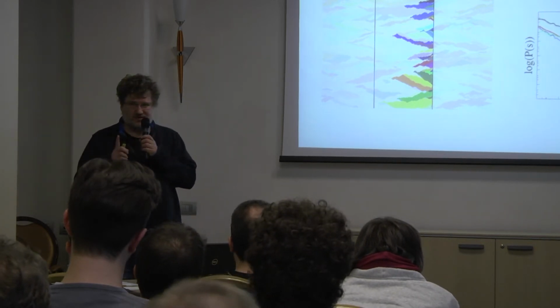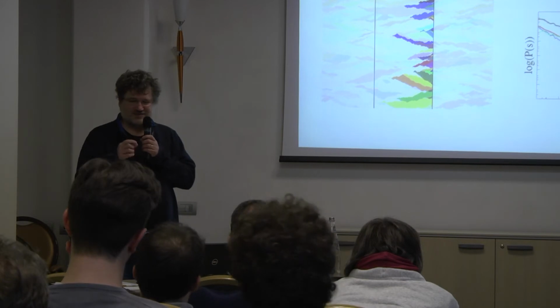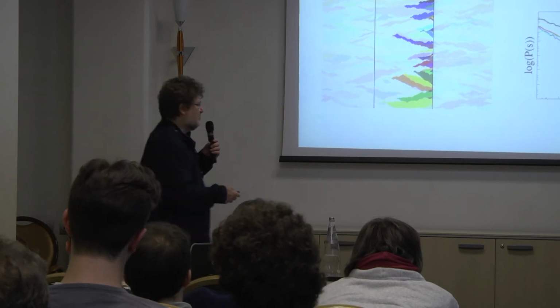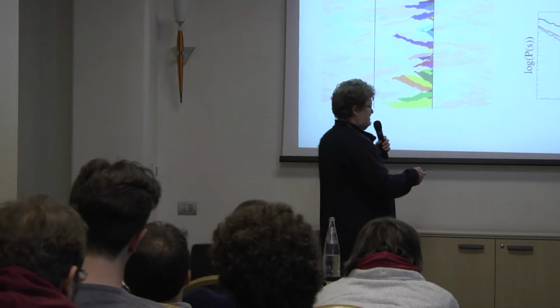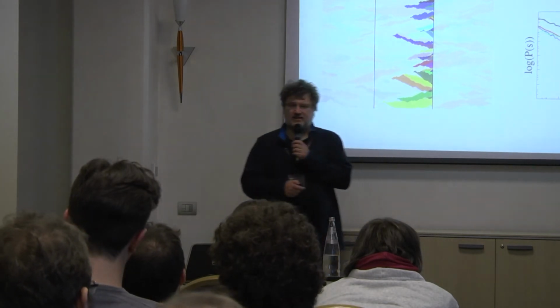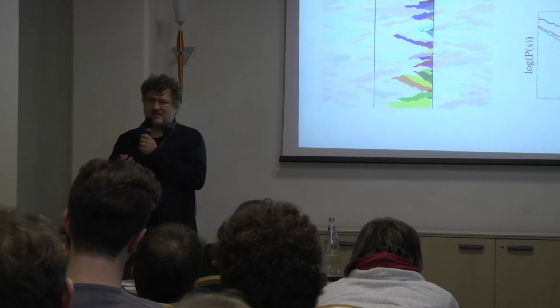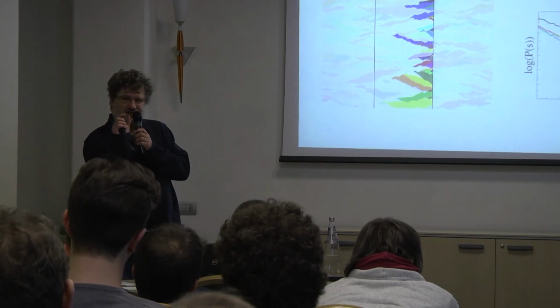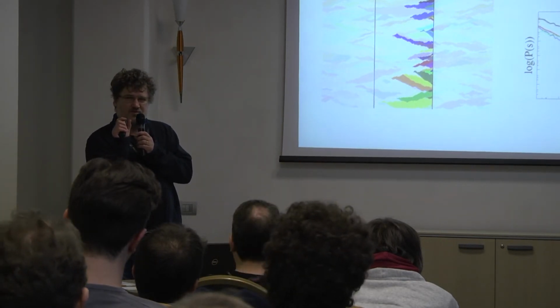P is the number, but normalized by a small, let's say, range of S. So it's a histogram divided by the size of the interval that you want to consider.